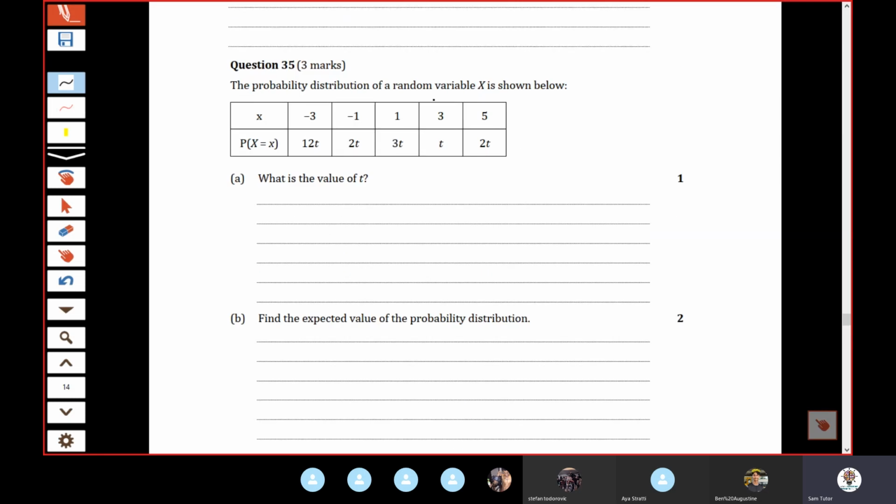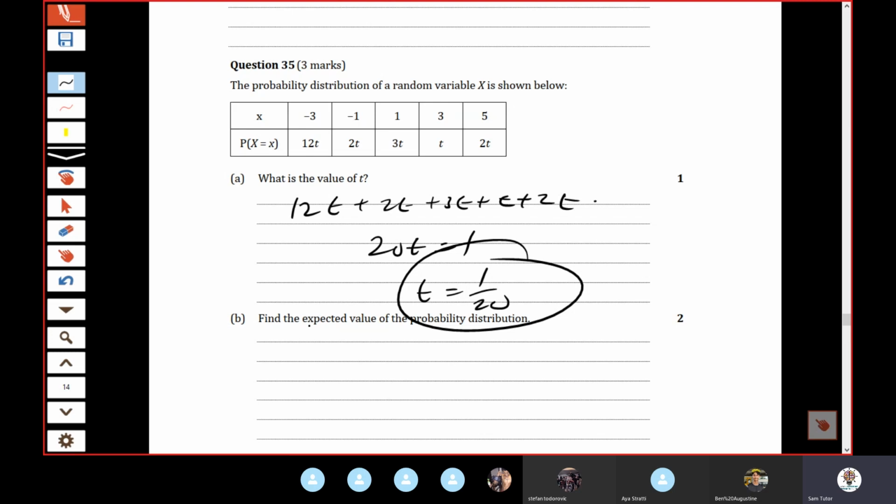Let's see. Probability distribution. What is the value of t? That's easy. 12t plus 2t plus 3t plus t plus 2t, 2, 3, 6, 8, 20. Find the expected value. Oh, are you serious? Find E of x. Okay, that's easy, isn't it, you guys? Do we need to do that or can we move on?